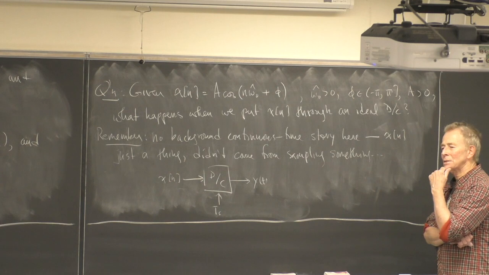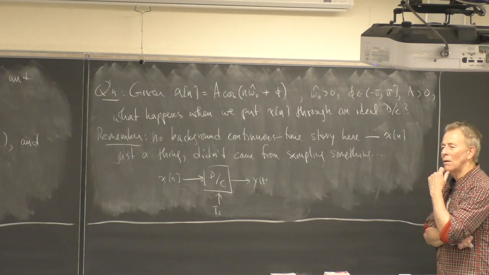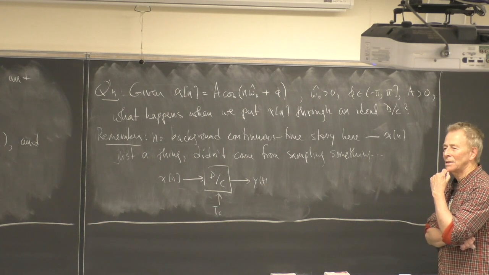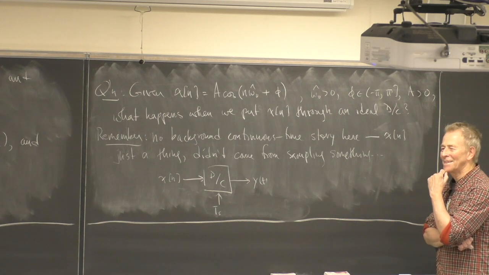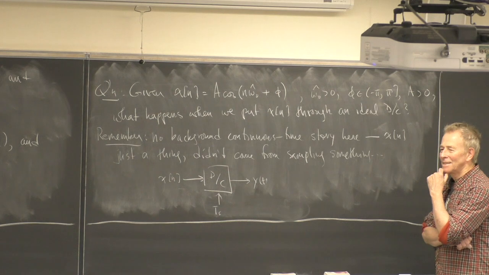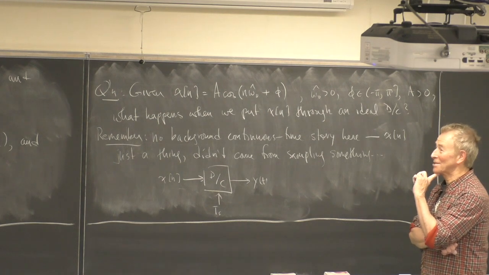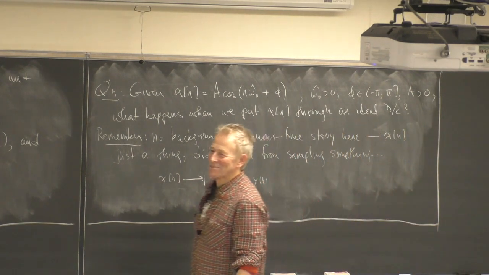Anyone want to hazard a guess? Do you think it is always going to be a sinusoid? Why? Might not be a pure sinusoid, but it will be a sinusoid. What does that mean? What is a sinusoid that's not a pure sinusoid?